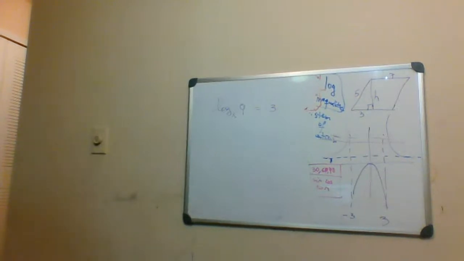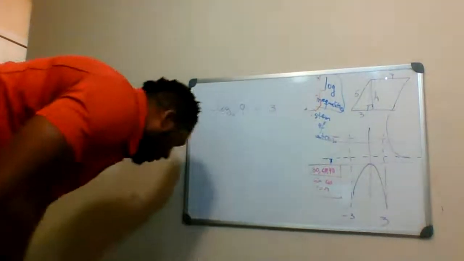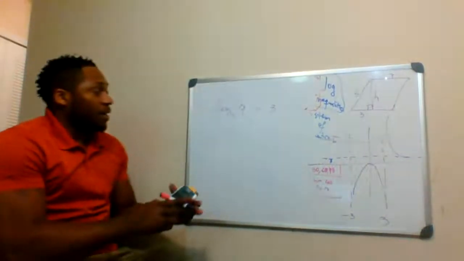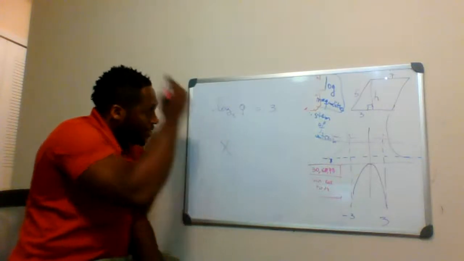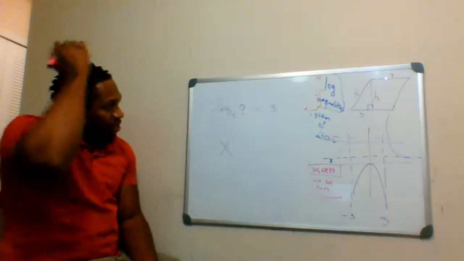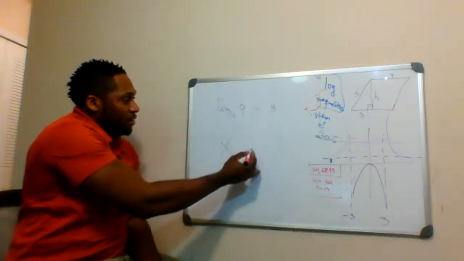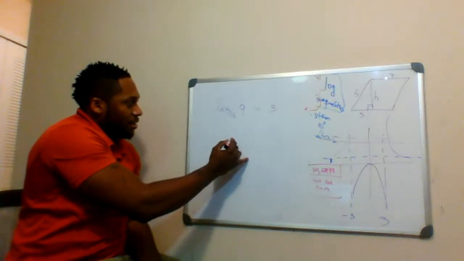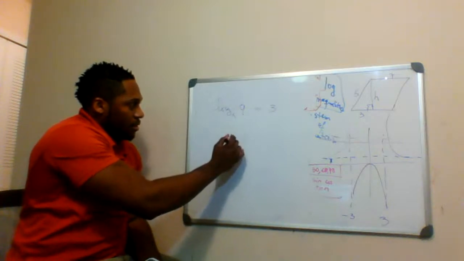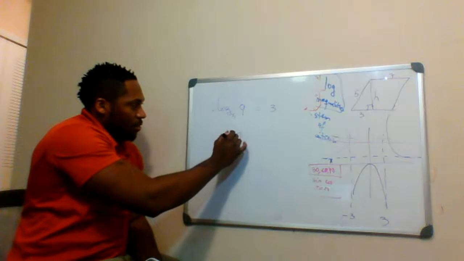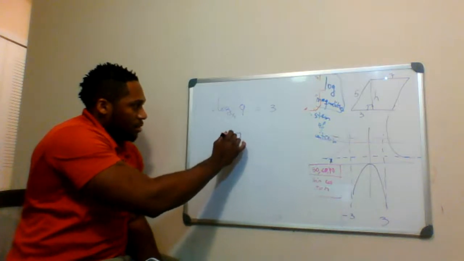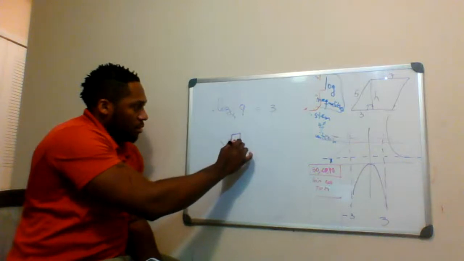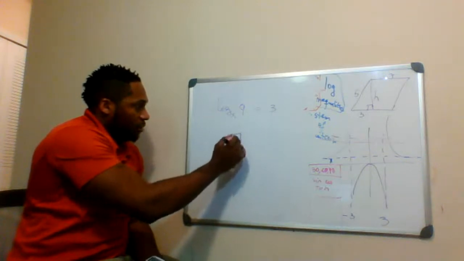Okay, let me show you what it asks, and then you can find the other ones when you're doing it. Okay, so what it's saying is, at a base of x, what number when I raise it... I didn't give you guys a number that I was hoping to give you.